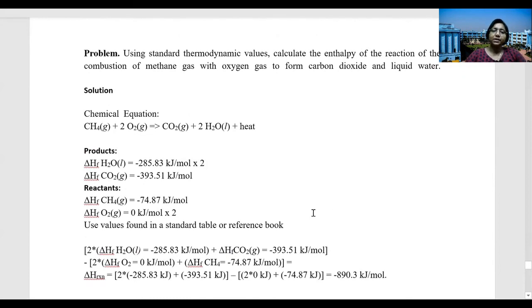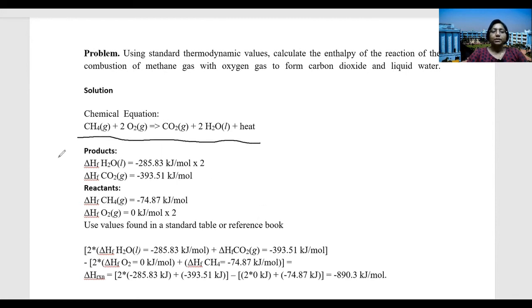Okay, so the reaction is given. We can write the reaction here, that is methane plus oxygen. We know that CO2 and H2O will be produced.